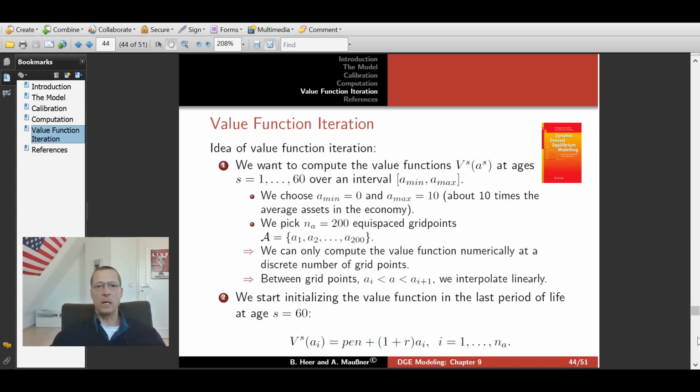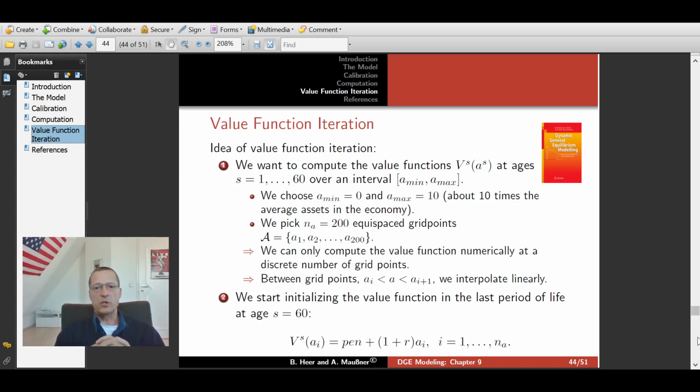Okay, now let me present to you the idea of value function iteration. We want to compute the value function v_s of a for s from 1 to 60 over the interval a_min to a_max.